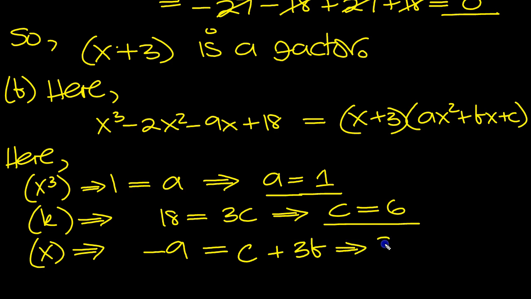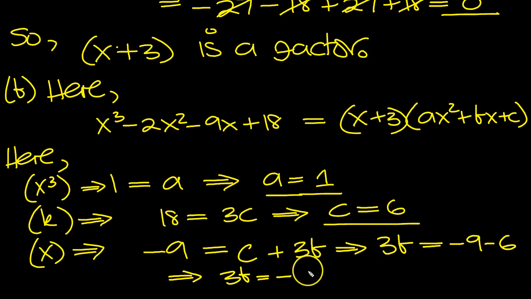So that tells us what 3b equals then. Minus 9. Move the c over to minus c, and we'll put the 6 in, minus 6. So that tells us that 3b equals minus 15. Move the 3 from times to divide. 15 over 3 is 5, so it's minus 5.